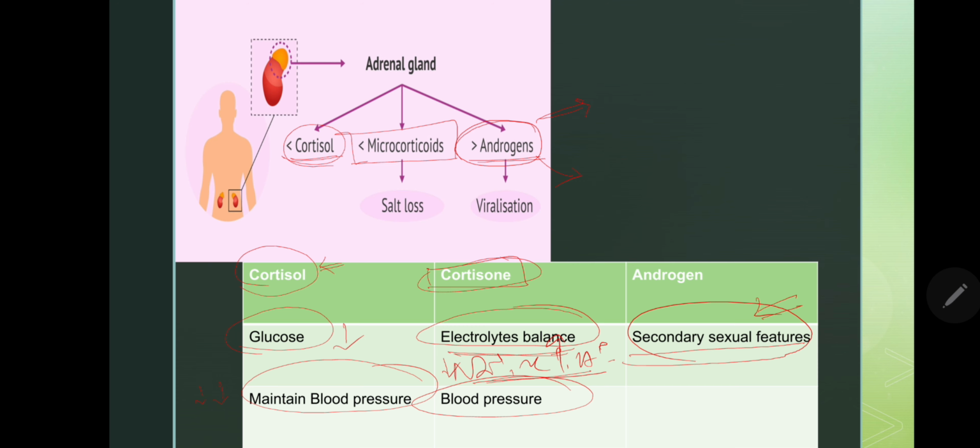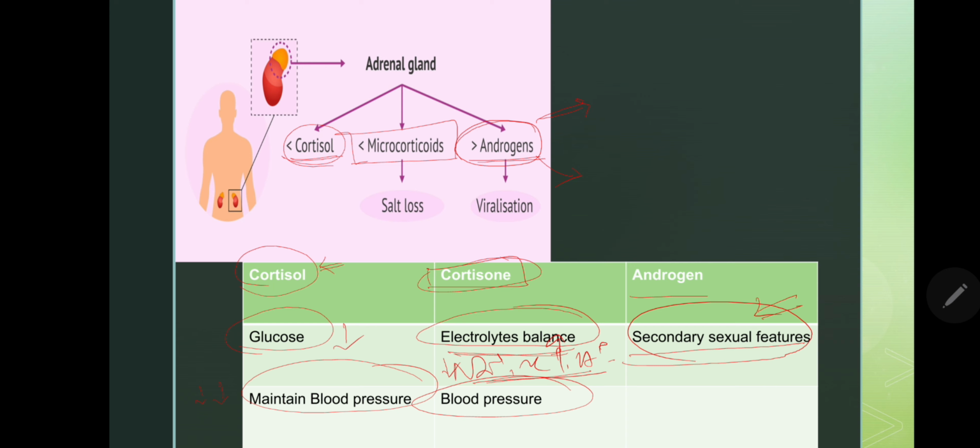The secondary sexual features are muscularization, that means all the muscle production is done by the androgen hormone. Also there is pubic hair growth, a mustache, and formation of underarm odors and underarm hair. These are the male secondary sexual features.